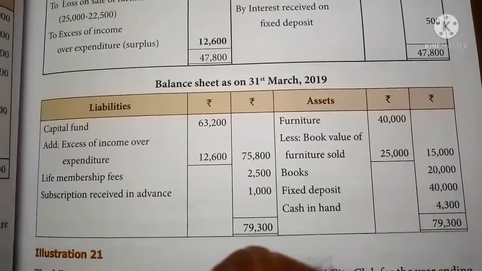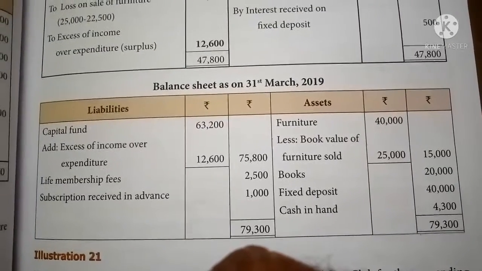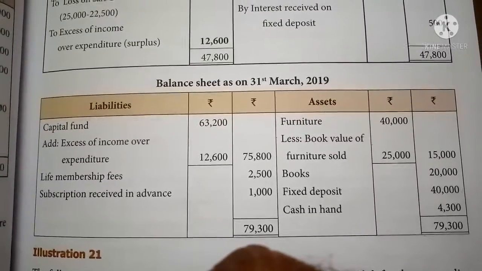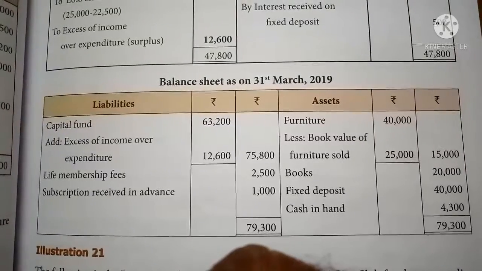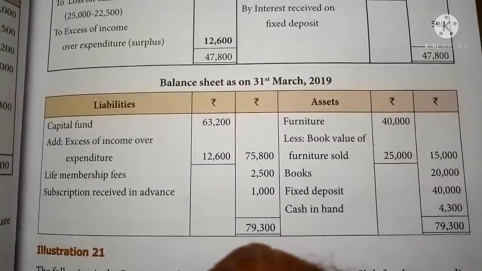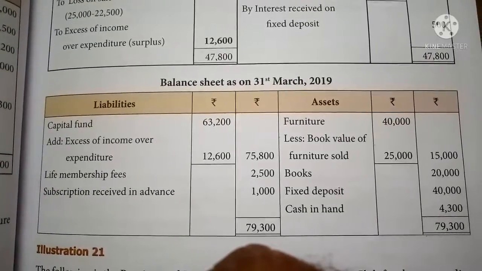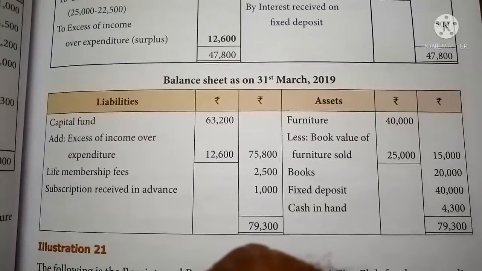So after writing all these assets and liabilities from the receipt and payment account and from the adjustments, when we make a total of assets and liabilities, it must tally. In the asset side, the total will be 79,300. In the liability side also, the total amount of these three amounts is 79,300. So the balance sheet is a tallied one.